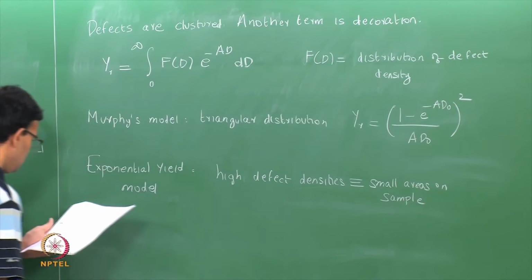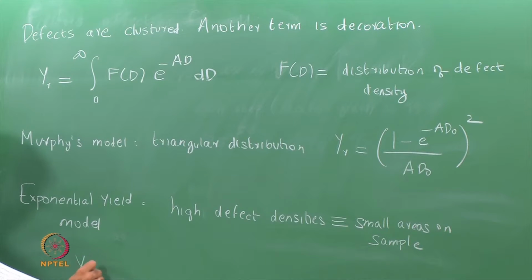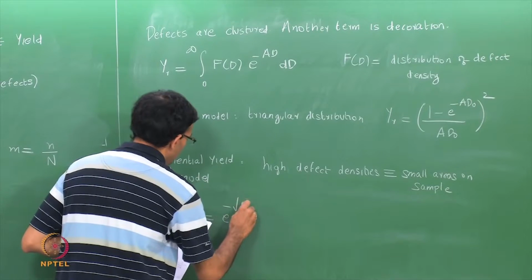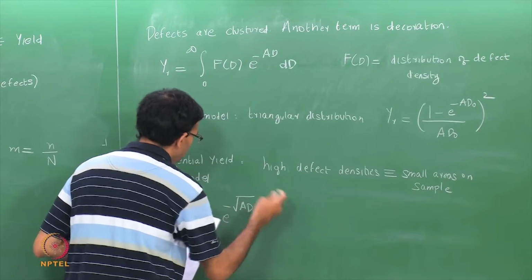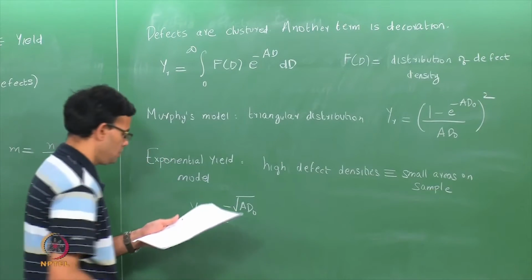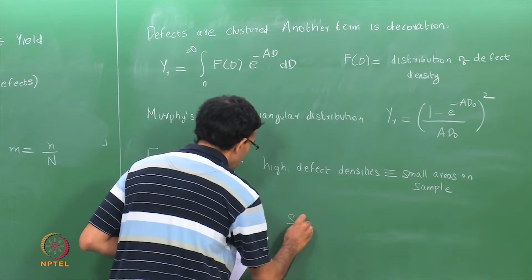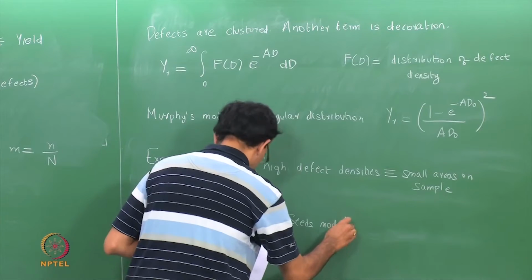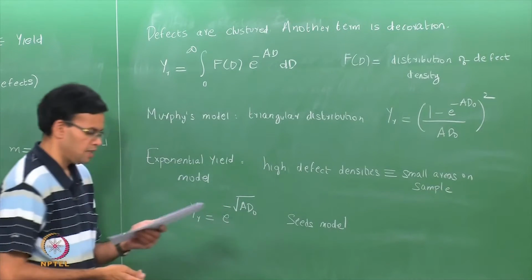In that case, your yield is essentially given by square root of a d naught. This model is called a seeds model. There are some other models.